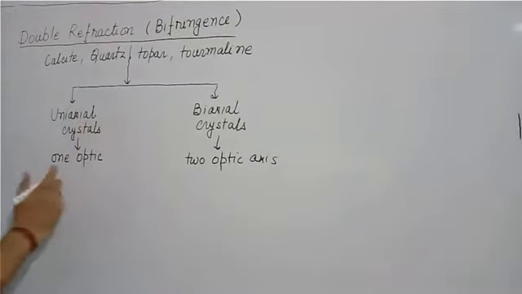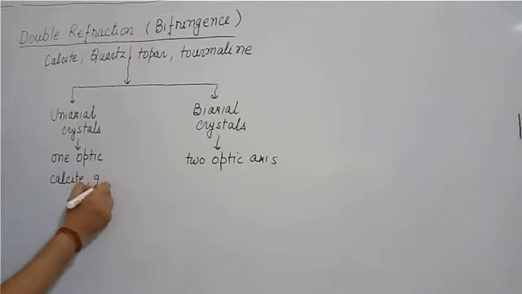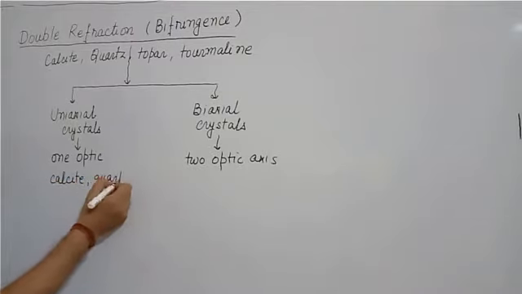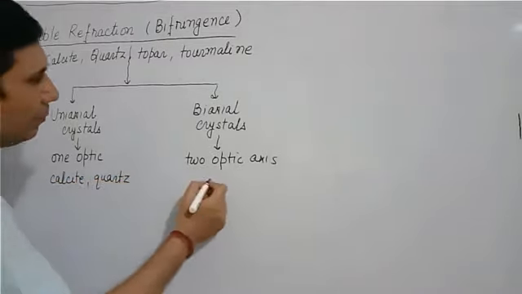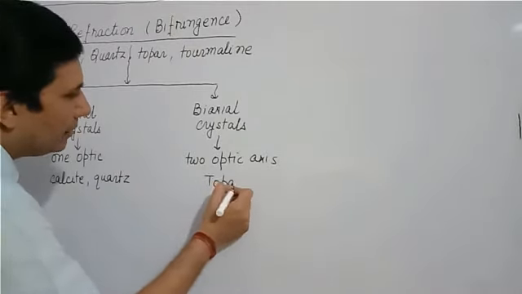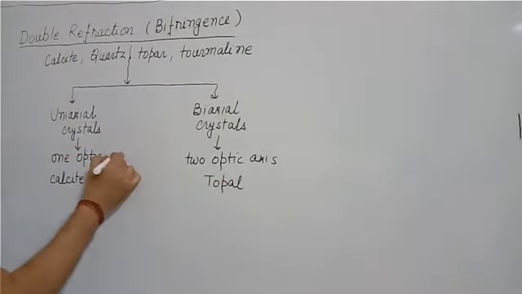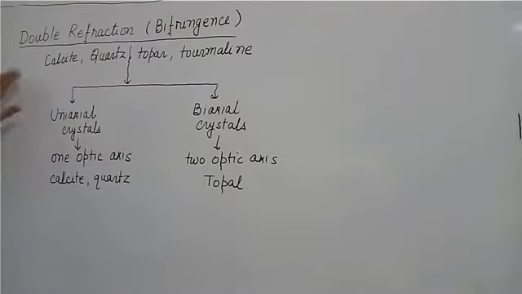Examples of uniaxial crystal are calcite, quartz, etc. And an example of biaxial crystal is topaz. So basically, on the basis of the number of optic axes present in doubly refracting crystals, we can classify these crystals into two types.